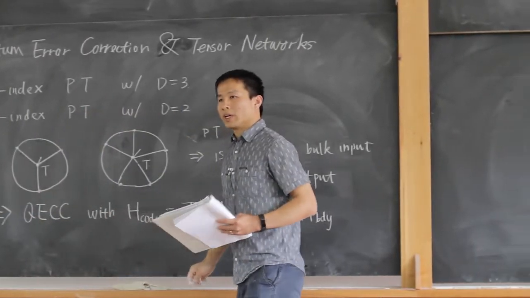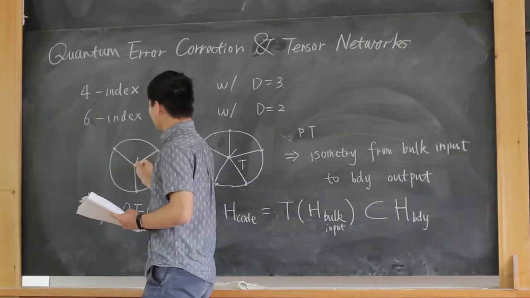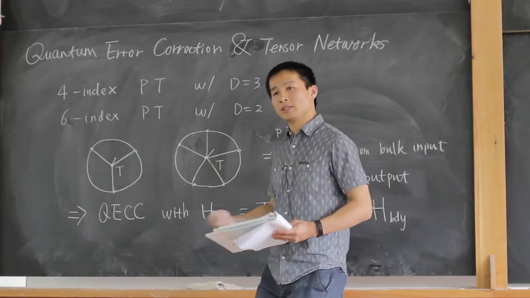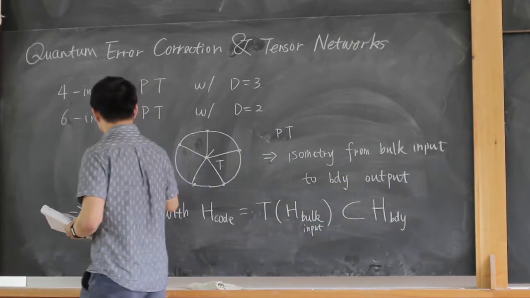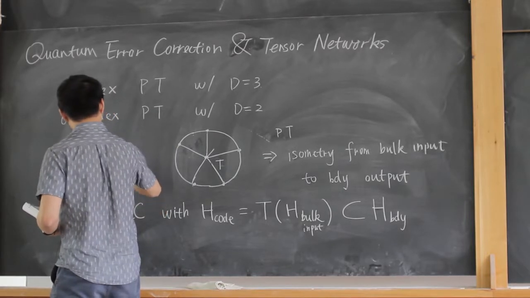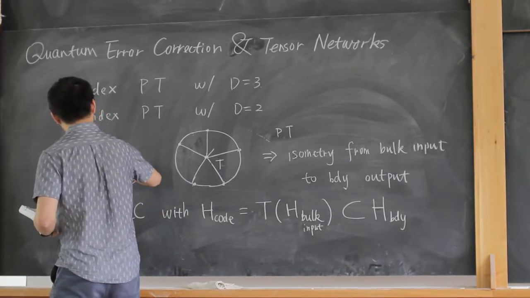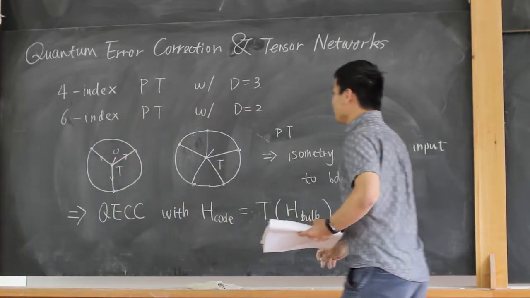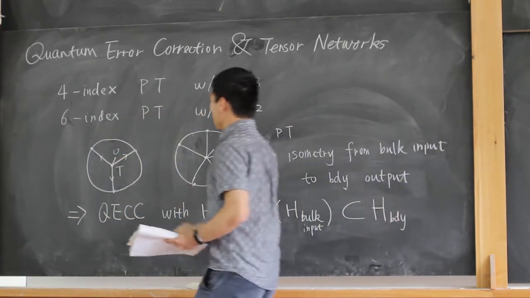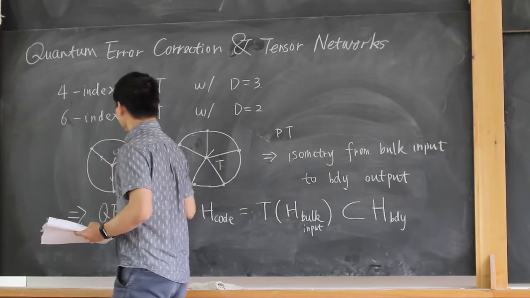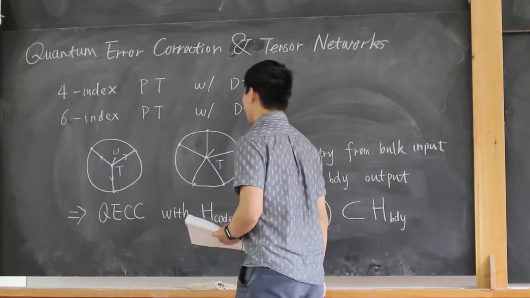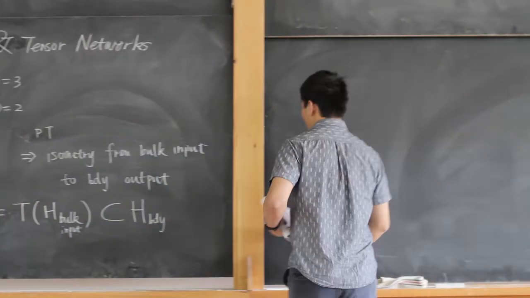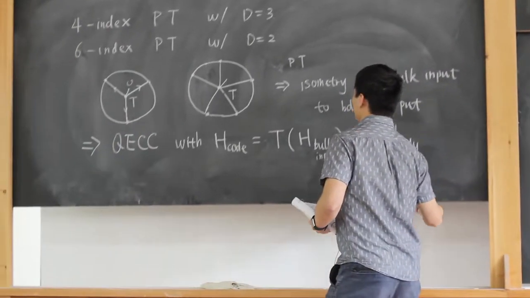We can then push the operator to the boundary because T is an isometry. So in particular, we can push the operator O to all three boundary legs, and therefore we recover an operator O tilde that acts on all the three physical qubits. So let me write it down here.